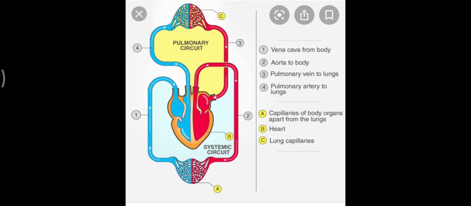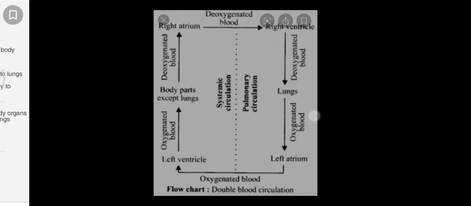In the body parts, the blood gets deoxygenated and is collected by the largest veins, and that deoxygenated blood is poured back into the right auricle. So this is the pulmonary circulation and systemic circulation, which together form the double circulation.